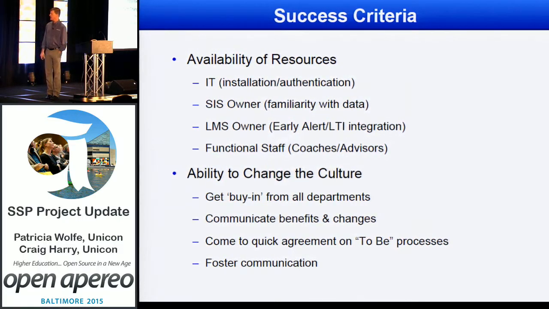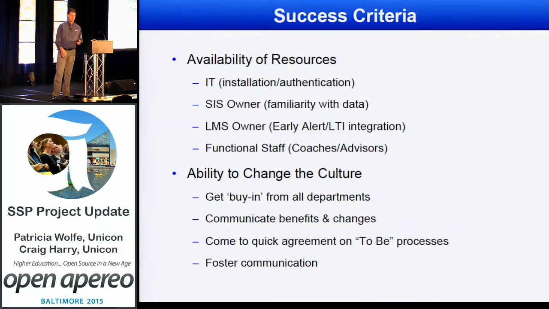The second and probably most important key to success is the ability to change the culture. So we try to facilitate the culture change and the operational changes that go on when a school who previously handled student success and advising any number of ways, from passing around Excel spreadsheets to writing things down on paper, and different departments within the school did things different ways.